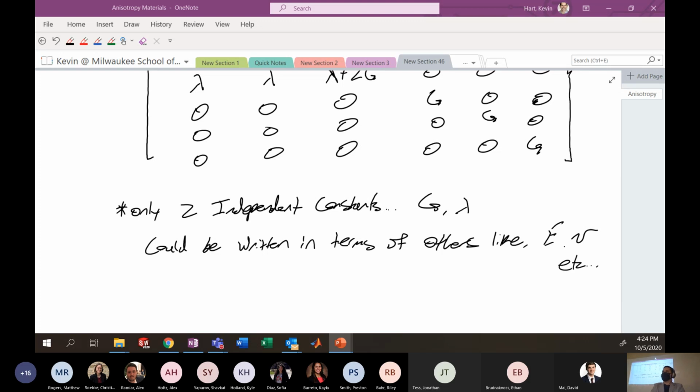Okay. So how do we go from that most general condition to the isotropic condition? All right.